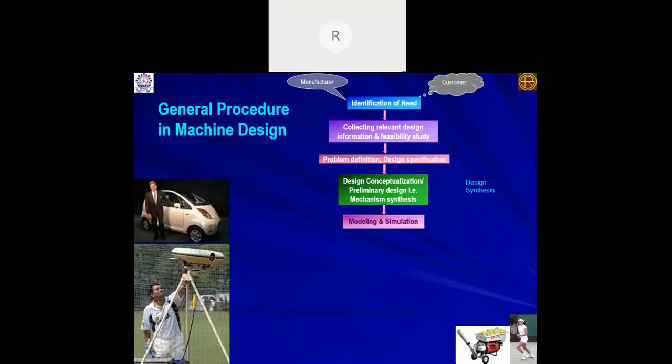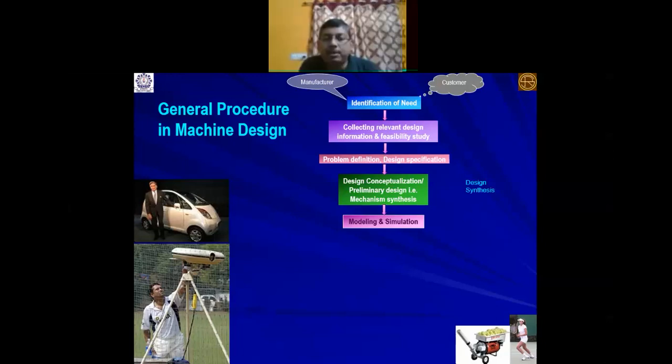Because the same equation you have to solve a number of times. Here, if you use the analytical method, vector loop closure equation, you know. So a vector loop closure equation for the position, the time derivative of that vector loop closure equation will be velocity, and the time derivative of the velocity equation will be the acceleration and so on, and you have to do the same. You have to solve the equation a number of times to get the time history.